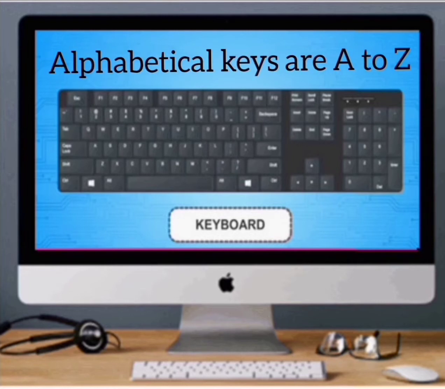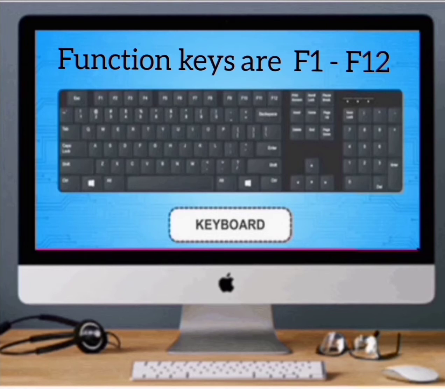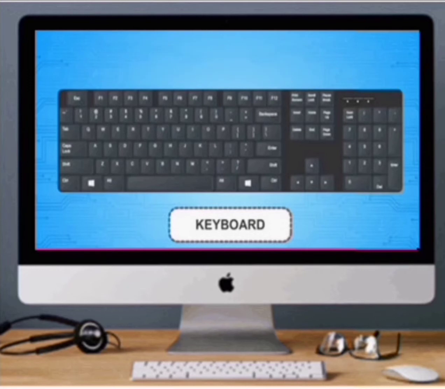The keys on which English alphabets are printed are called alphabetical keys. Alphabetical keys are A to Z. Keys F1 to F12 are called functional keys. Insert, home, page up, delete, end, page down are edit keys.